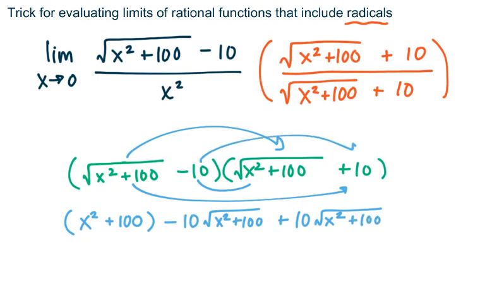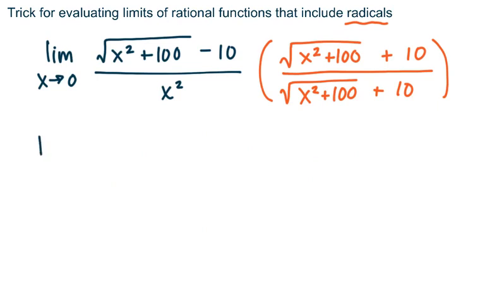And then my last two terms would be negative 10 times 10, I get negative 100. So what we notice is those middle two terms cancel. And when I FOIL this, I get what was under the radical, x squared plus 100, and then I get minus 100.